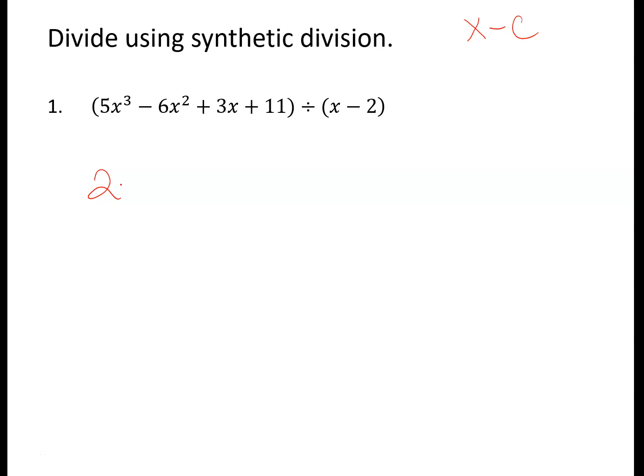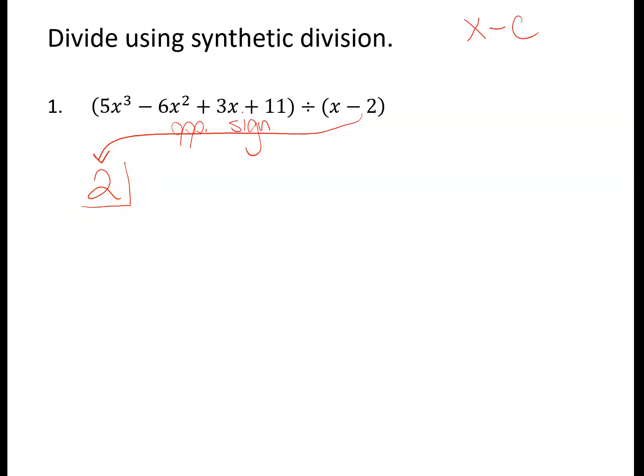Okay. And probably the easiest way for you to remember that, I'm going to put an arrow here, is this number that you write is the opposite sign of that number, that constant that is in the divisor. Now we're going to do kind of a different symbol than we do for long division. We are going to put a half square around that 2. So a line on the right and a line below.